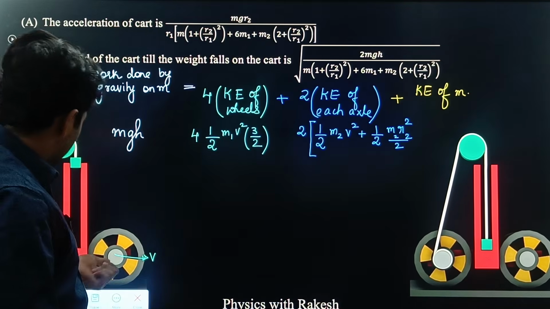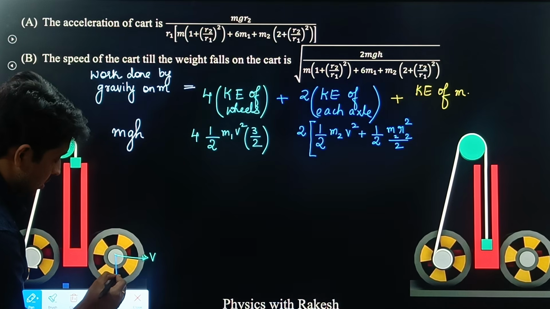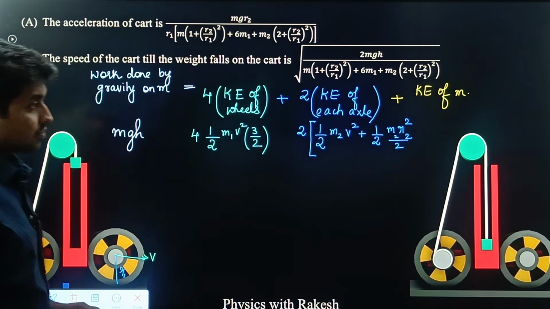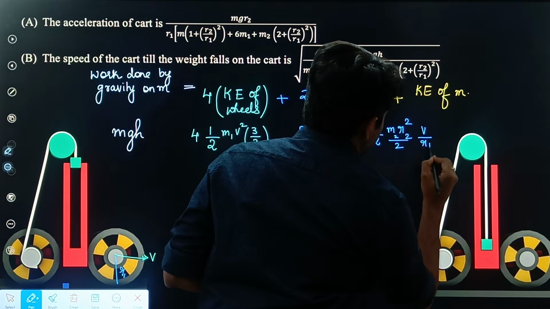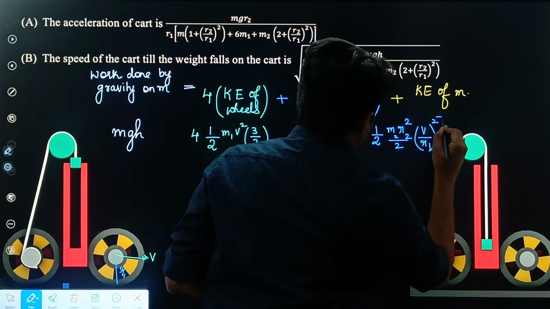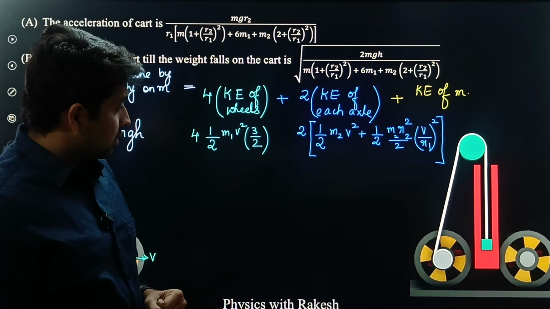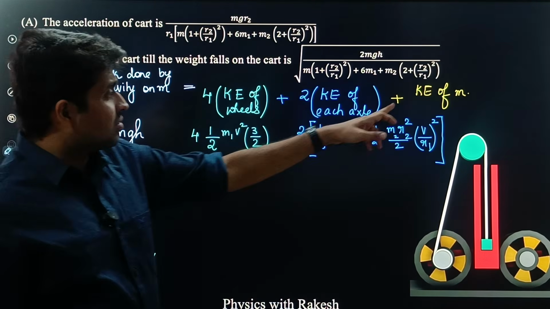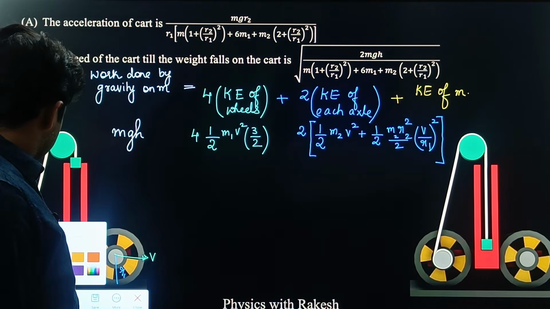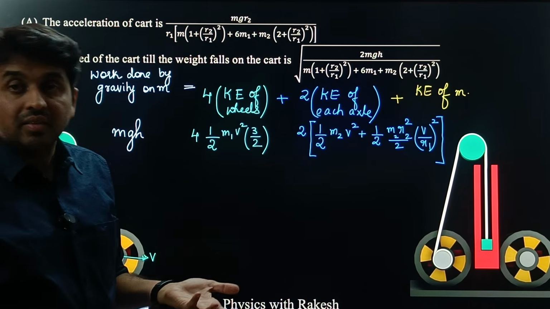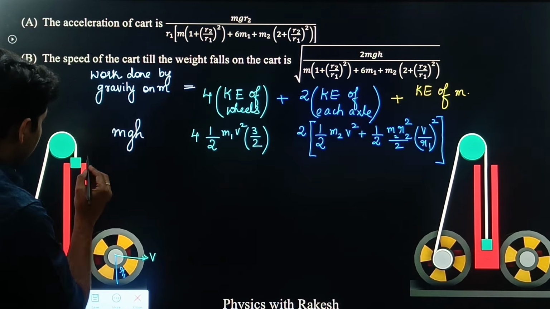Okay. What is omega? We have seen if this is omega, this is v, and this is r1, right? So this will be v by r1 whole square. Finally, we are left with the kinetic energy of m. And what do we have as the kinetic energy of the small mass m?